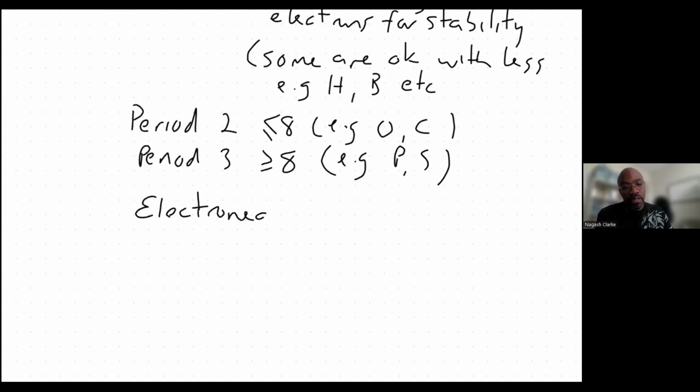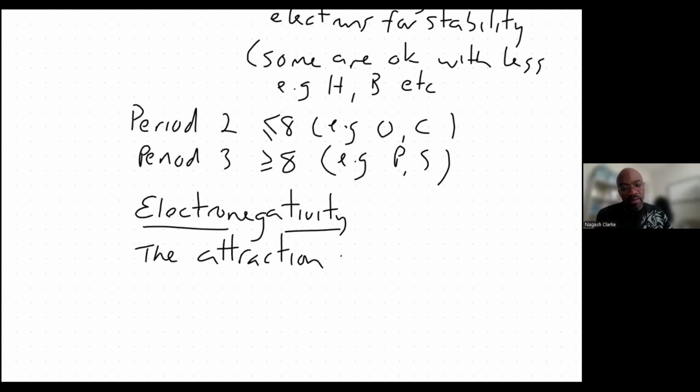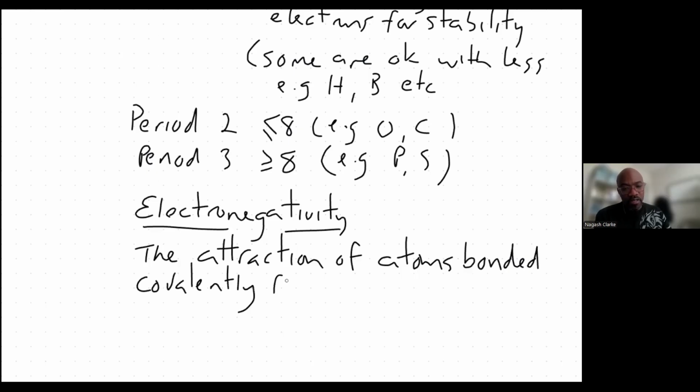Electronegativity is the attraction of atoms for covalently shared electrons.